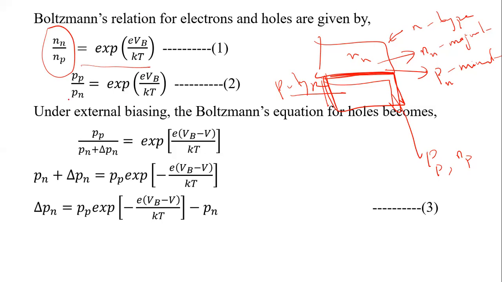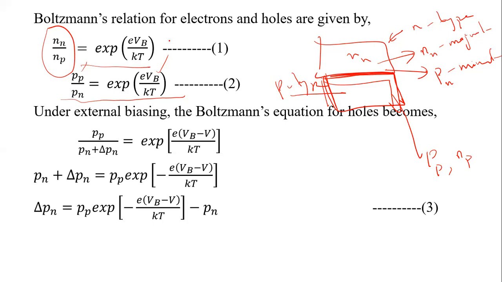This is a certain classical calculation which we do not need to do in this class. Similarly, the Boltzmann relation for holes is that Pp is the majority hole concentration in the p side, and Pn is the minority hole concentration in the n side of the p-n junction. Here VB is the barrier potential. So when you form a p-n junction, this is how the carrier concentrations relate, given by this Boltzmann relation.